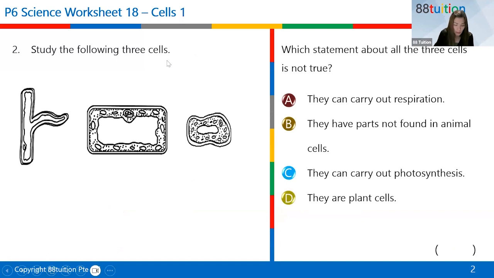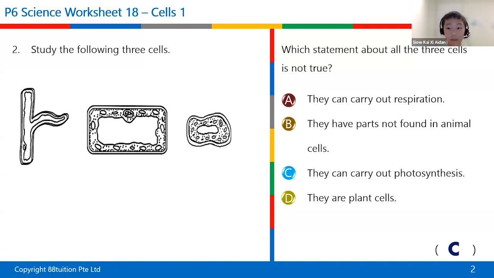Study the following 3 cells here. Which statement about all the 3 cells is not true? There's one statement here that is not true. Can you identify the one? C. They can carry out photosynthesis. Which one cannot? Is it the first, second, or third?